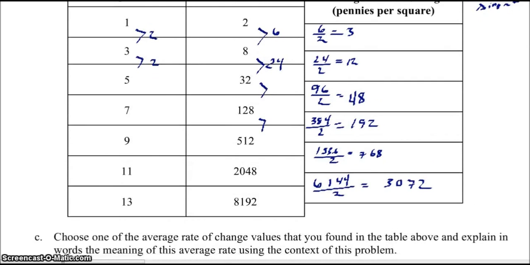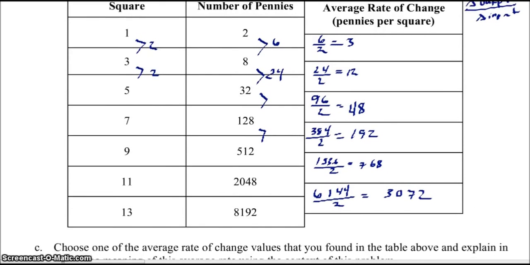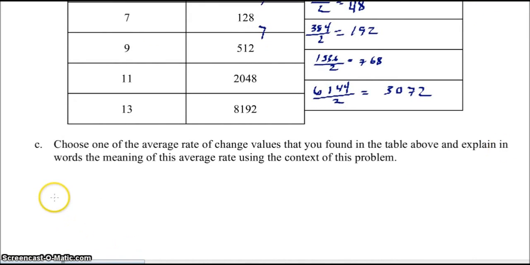So let's think about that in terms of the square and the number of pennies. On the first square, we had 2 pennies. And then on the second square, we had 4 pennies. And on the third square, we had 16. So this is square 1, 2, 3.